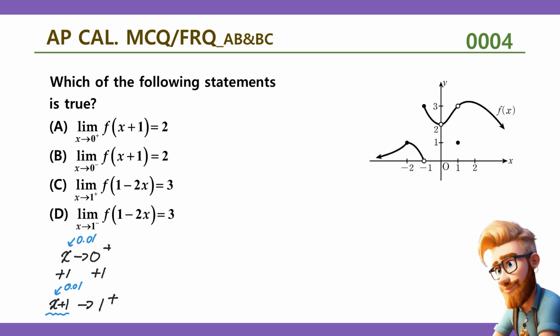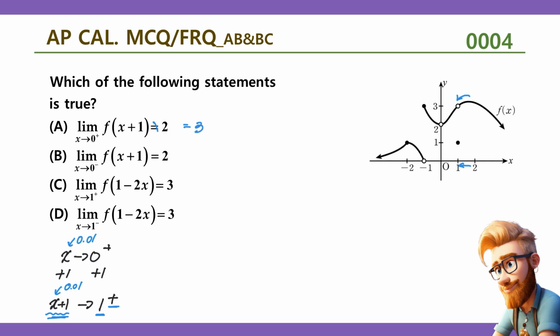It actually approaches 1 from right-hand side, right? So, as x approaches 0 from right-hand side, x plus 1 approaches 1 from right-hand side, then as x plus 1 approaches 1 from right-hand side, the function approaches 3, right? So it is not 2, it is equal to 3.